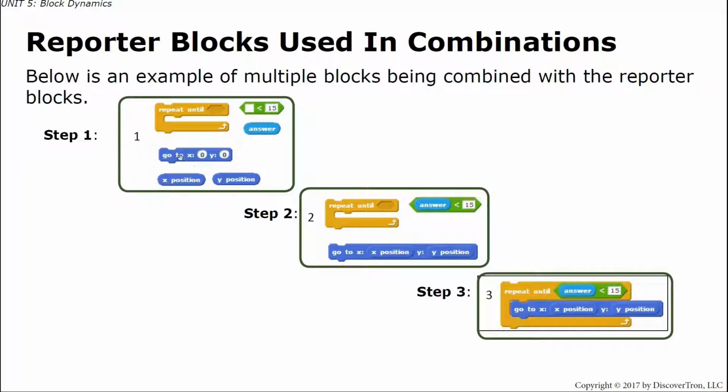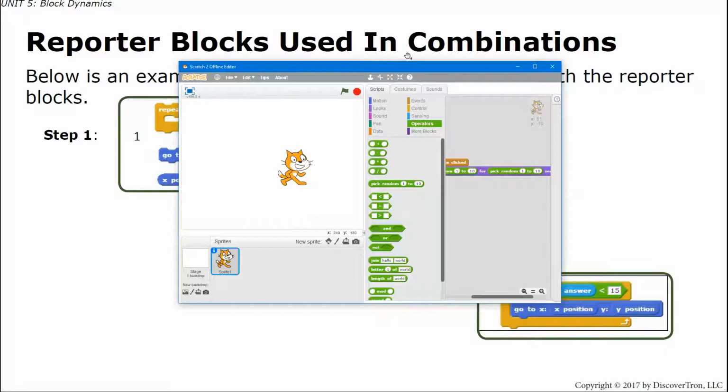And then down here we have a dark blue stack block for sending the sprite to these XY coordinates. And then down below we have the X and Y position reporter blocks. You can see through the different steps how we combine them all together and create this little block of code. If we pull up Scratch, let me show you where I got all these blocks from.